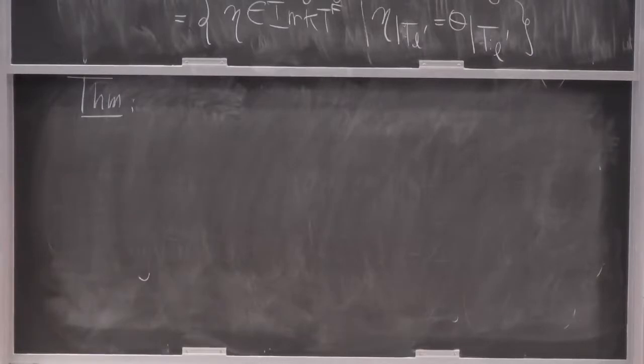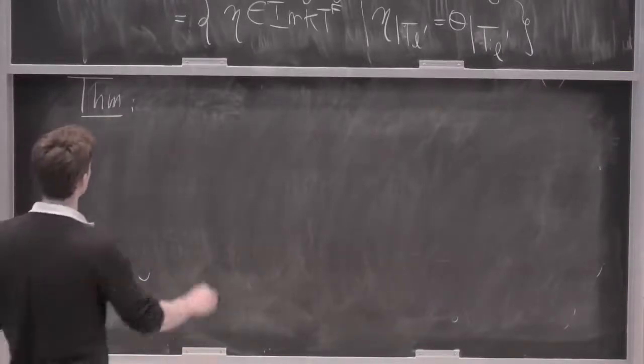So in characteristic 0, the first thing was that every irreducible character occurs in some R_T^G of theta.